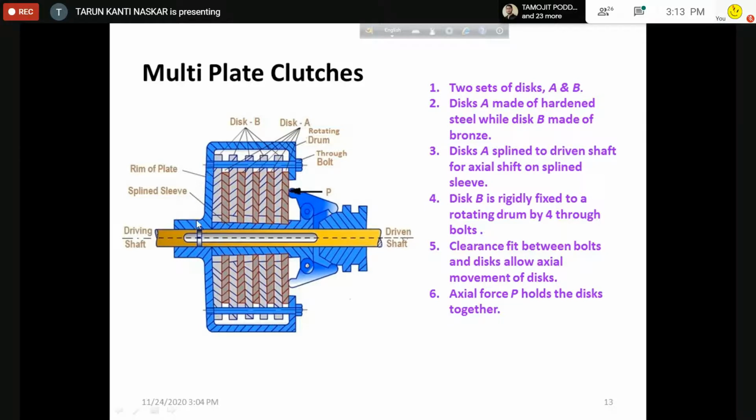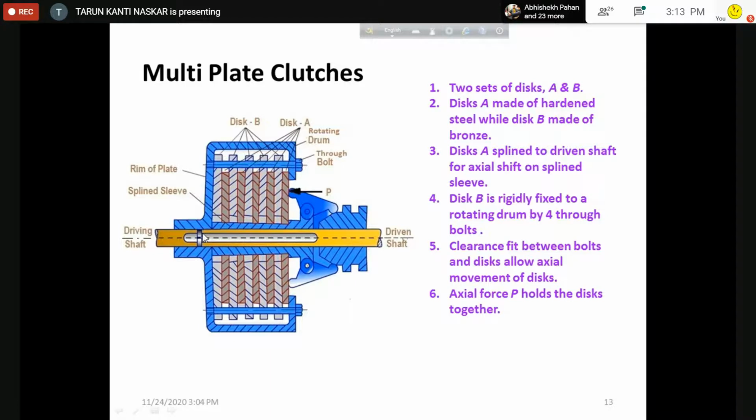And this rotating drum is attached to the driving shaft. Now on the driven side, these are the discs on the driven side, and these discs are attached to the driven shaft. So here ends the driven shaft for this figure, and here ends the driving shaft.